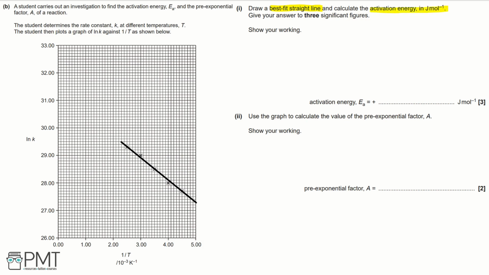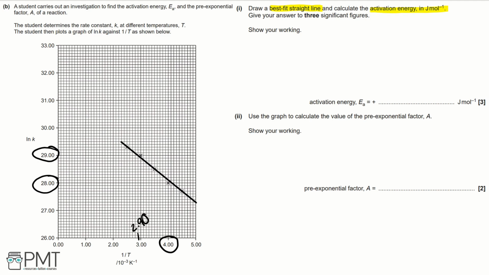In order to do this, we need to find the gradient of the line. If we take 2 data points on the line, 29 and 28, and see where they fall on the x-axis, we have 2.90 and 4. So the 2.90 for 29 and 4 for 28.